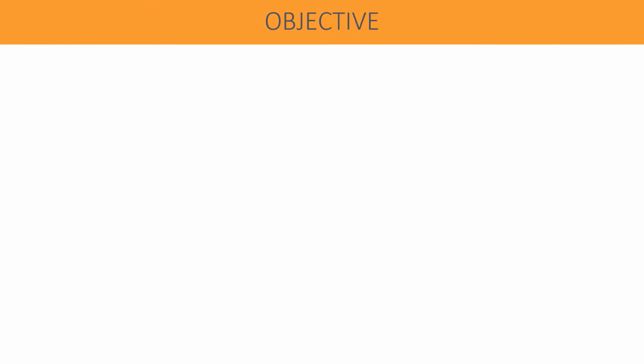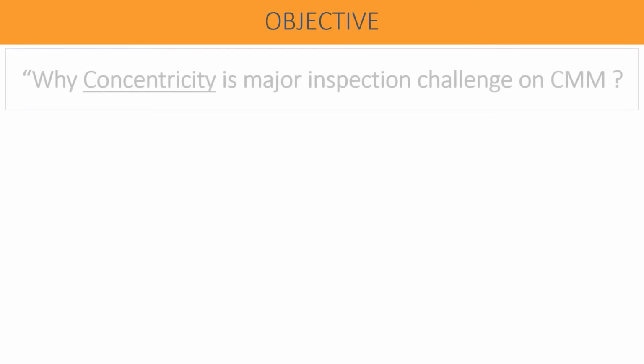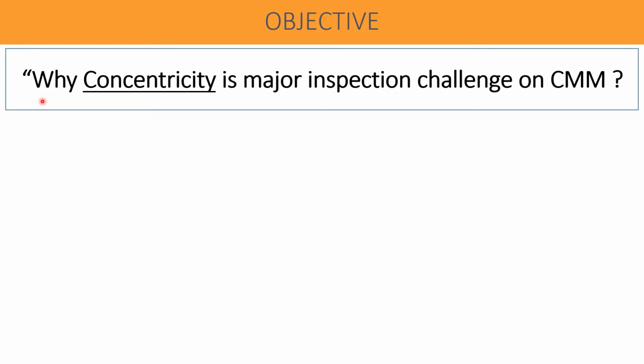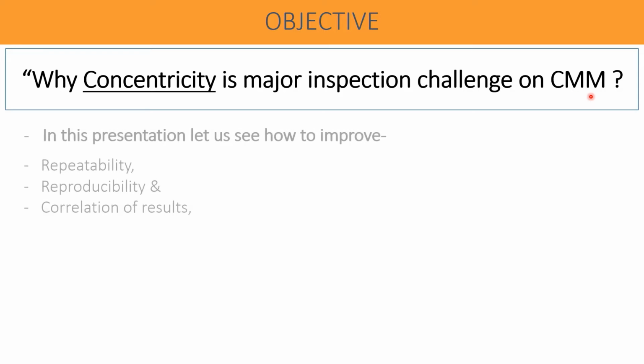What is the objective of this video? The objective is why concentricity is a major inspection challenge in the industry when measuring on CMM as well as conventional measurement. In this presentation, let us see how to improve the repeatability of the measurement, reproducibility, and correlation of the results.